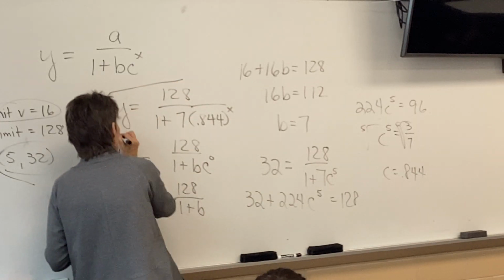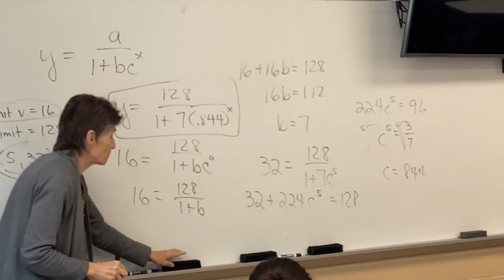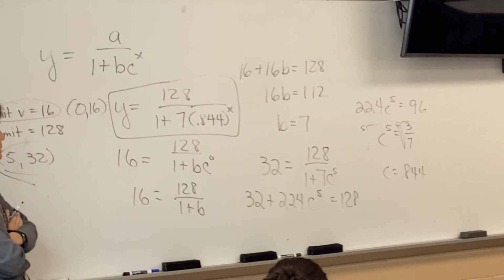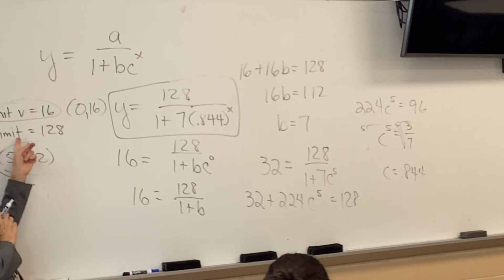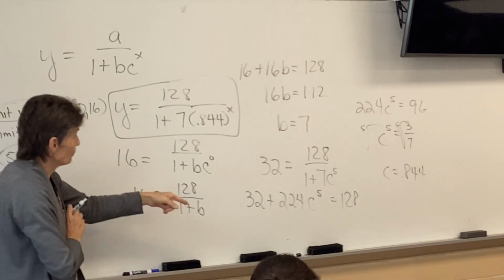So here is your final answer. There are a few steps there to go through. The good news is you got A. D is usually pretty easy to find, C is the trickier.